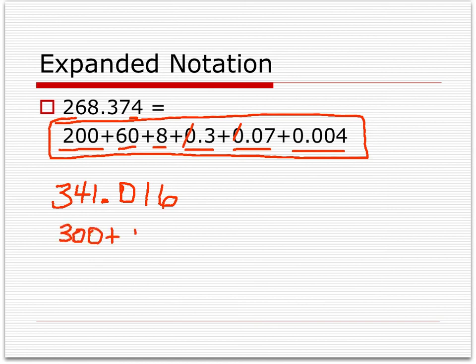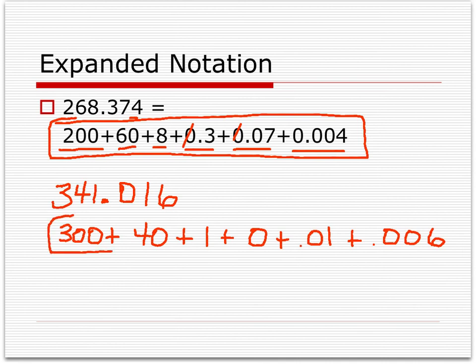I have 4 groups of 10 for 40. I have 1 group of 1. I have 0 tenths. I have 1 hundredth, and then I have 6 thousandths. So looking at it, here is your answer right here.